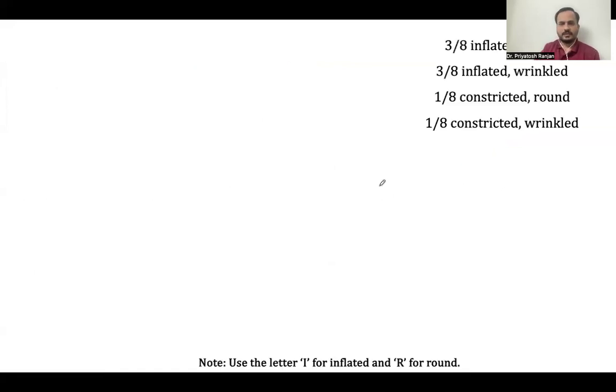So if you look at these numbers, what we need to figure out is how many of them are inflated. If I look at this ratio, 3/8 is inflated here. And again, for the other phenotype, it is round. And in the second case also, you have 3/8 inflated.